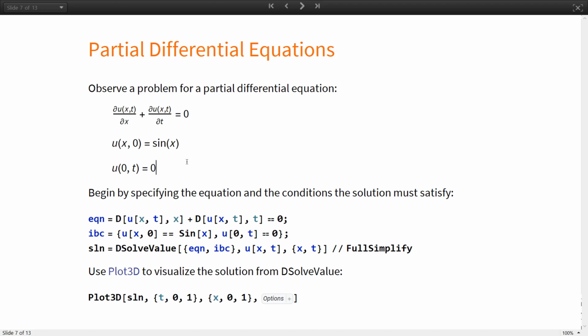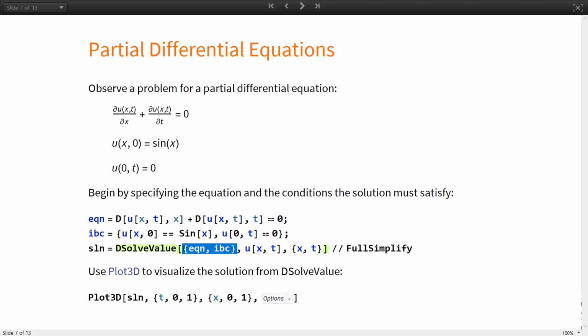Now, to solve this equation in the Wolfram Language, we need to first define the equation. Then we need to define the set of initial conditions and boundary conditions. With the equation and conditions defined, we can use DSolveValue to solve a PDE in the exact same way we use the function to solve an ODE.